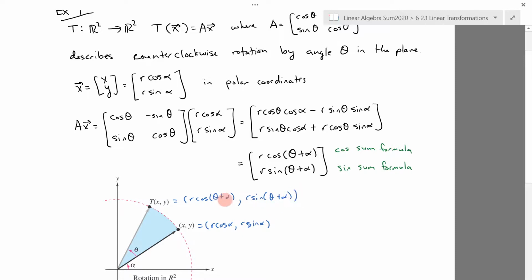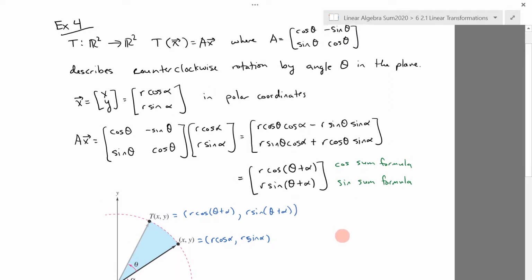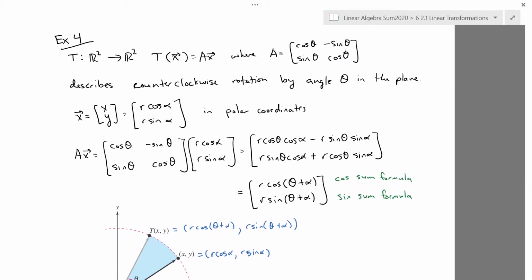And so now the angle is alpha plus the additional angle theta. So it's an additional rotation of theta, and this vector is transformed into this vector. And so it's a rotation counterclockwise of angle theta. Okay, so we can represent rotations in the plane by using a linear transformation represented by this matrix.